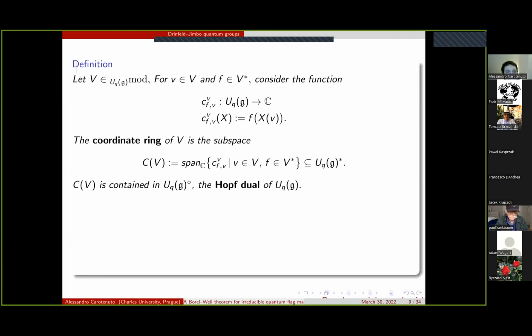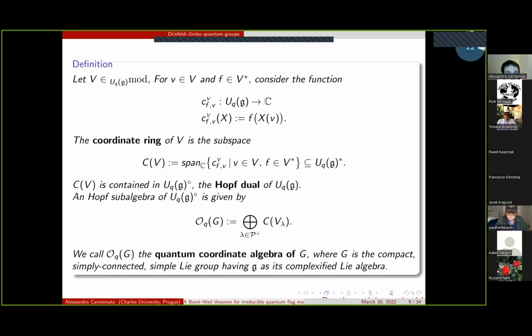In fact, it is contained inside the Hopf dual of U_q(g), the largest Hopf algebra contained inside the linear dual of U_q(g). And a Hopf subalgebra of this is given by the direct sum over the weights in the positive integer span of the fundamental weights of all the coordinate rings.